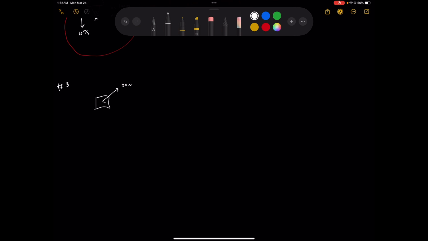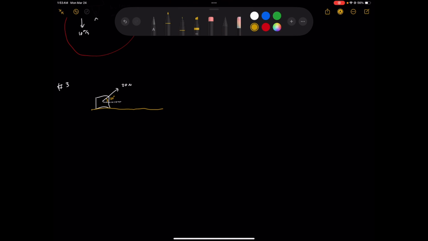So the way I'm going to do that is I'm going to draw this little dotted line here. And I know that this angle here is 30 degrees. So this box is being pulled along the ground, but the applied force is at an angle of 30 degrees above the horizontal, right?